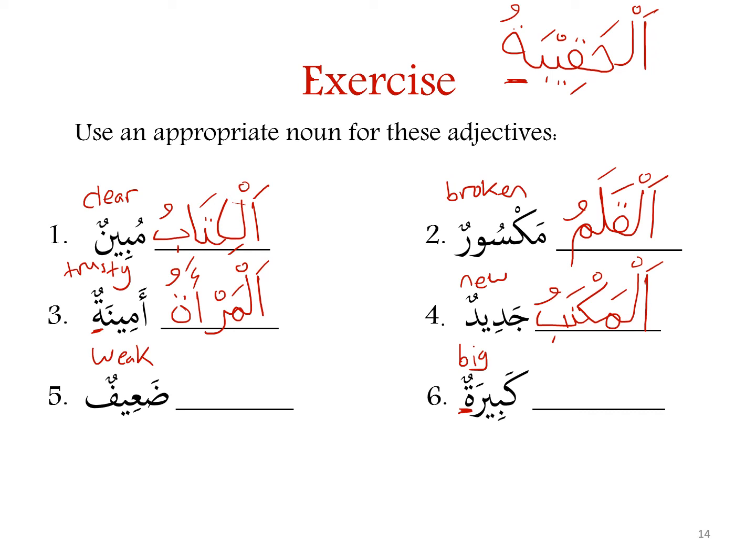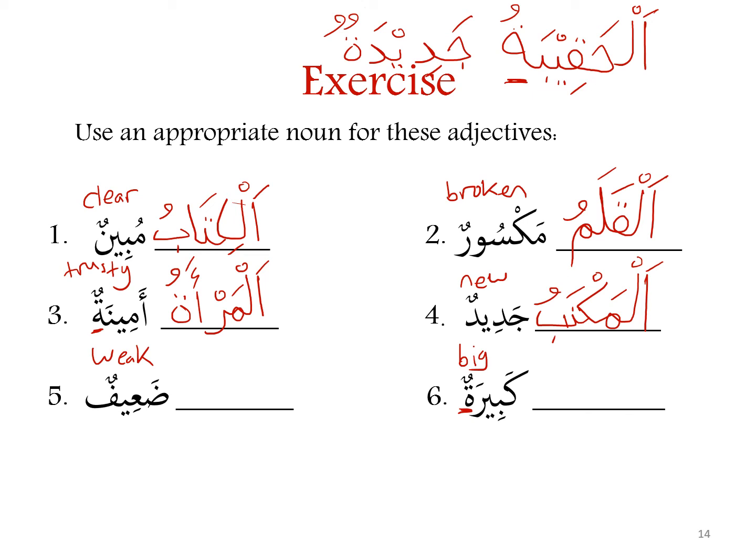I would have to use the feminine version. In this case, jadida. All I do is add the ta marbuta. And now I'm saying the bag is new. Perfectly fine. So just make sure that you match the genders in the sentence.